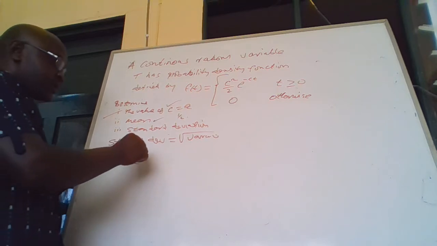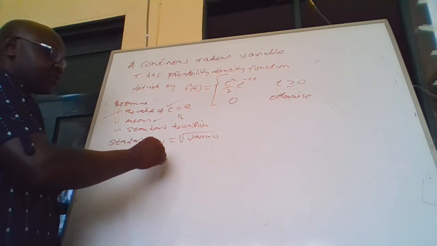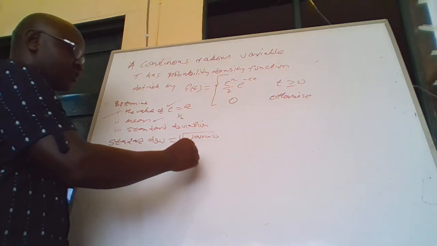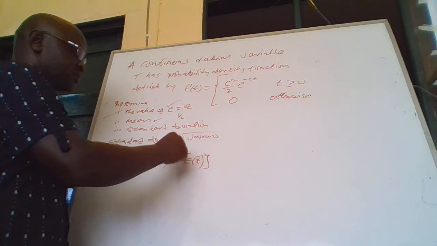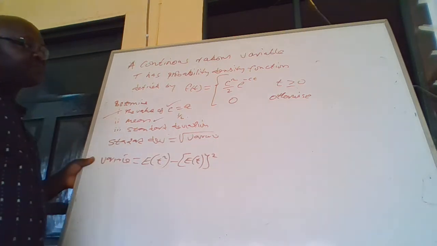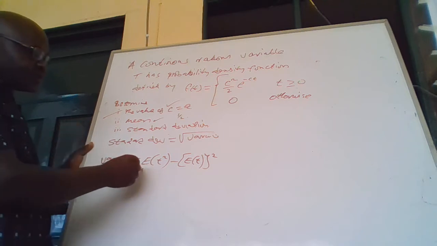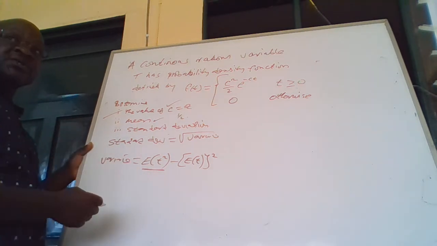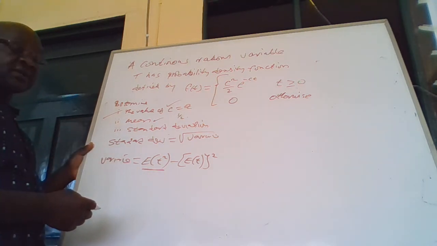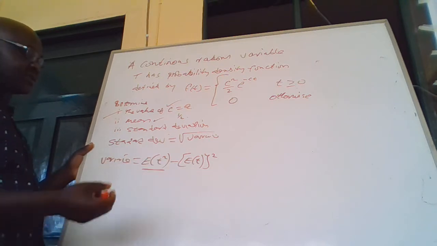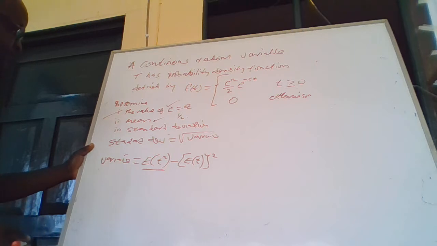Variance is given by expected value of t squared minus expected value, the mean, squared. So we already have the mean, so what we need is to compute the expected value of t squared. Then we shall subtract the mean squared. We'll have gotten the variance.